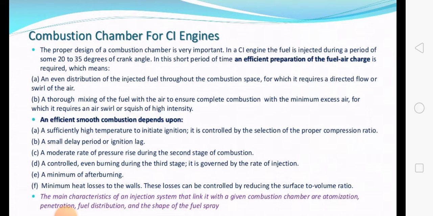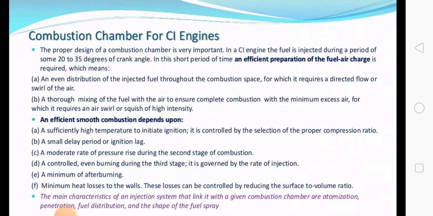For this purpose there must be organized air movement, which is generally called air swirl. It is provided to produce high relative velocity between fuel droplets and air.